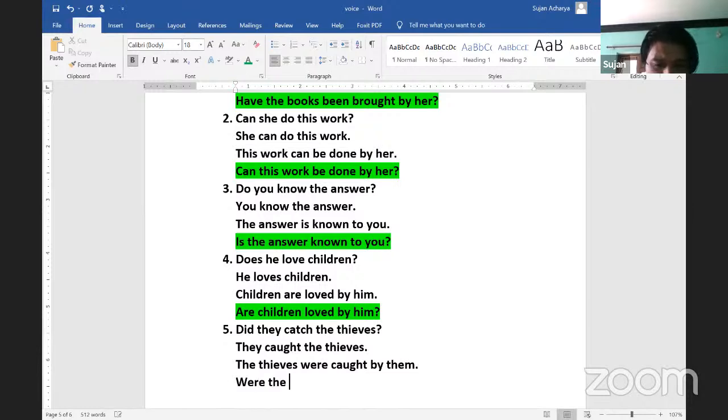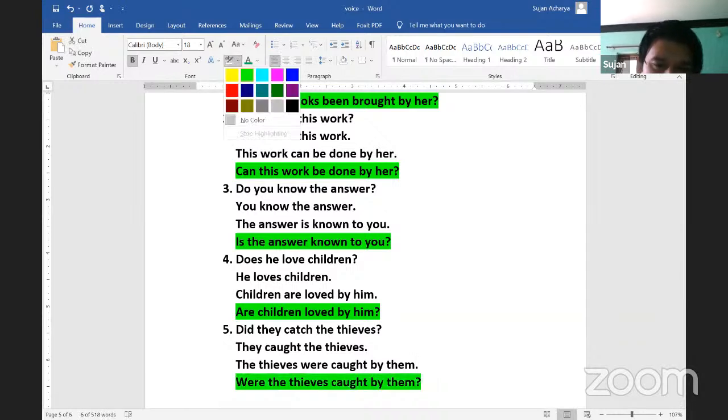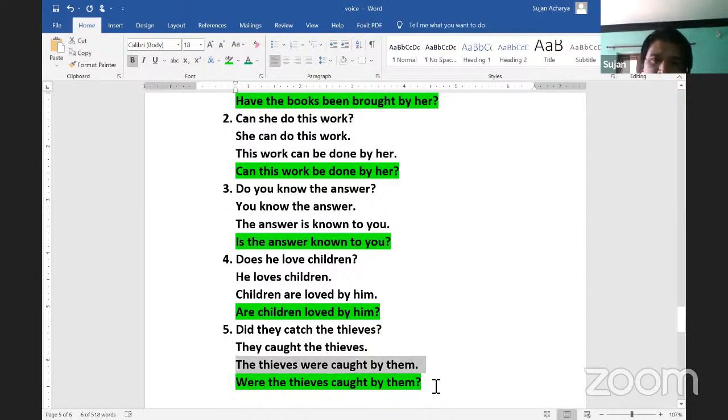Were the thieves caught by them? If you look at every step, you can find that in order to get the answer, you only need to replace the words. And I think this is the easiest way to learn how to change active interrogative sentences into passive.